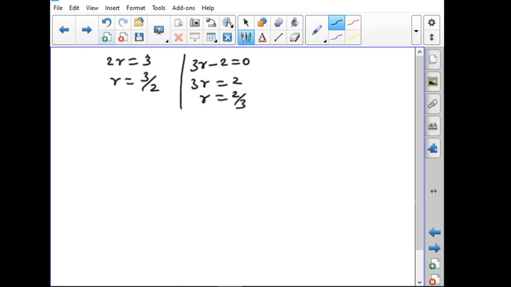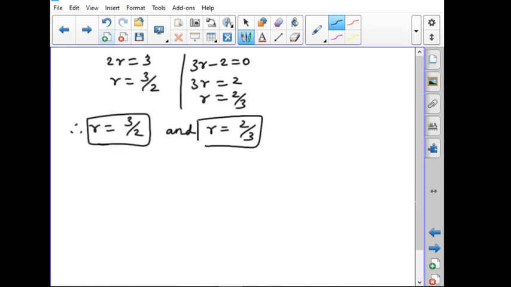Now, we have 2 values of R. Therefore, R equal to 3 by 2 and R equal to 2 by 3. We have got 1 value of A and 2 values of R. Now we have to substitute in the 3 terms, means we have to get the required 3 terms.